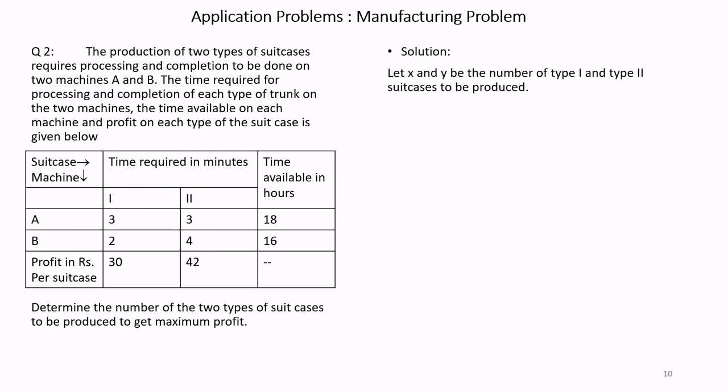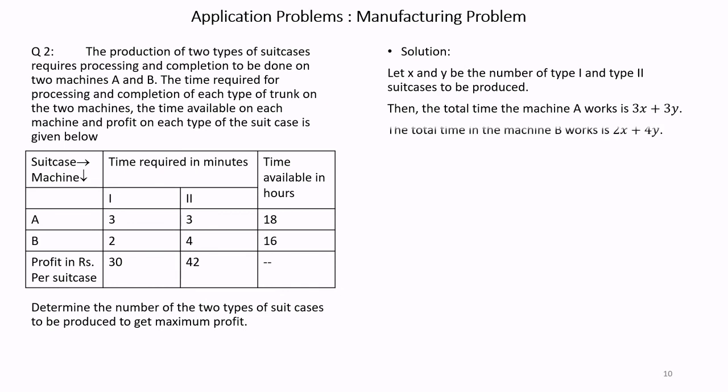Solution. Let x and y be the number of type 1 and type 2 suitcases to be produced. Then the total time taken by machine A is 3x plus 3y. The total time in machine B is 2x plus 4y. Please note here it is horizontal.